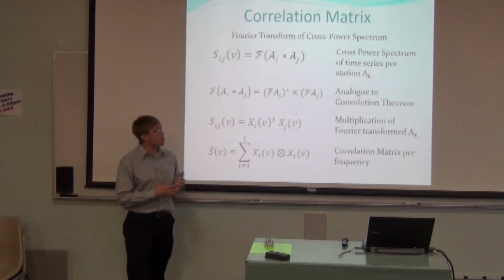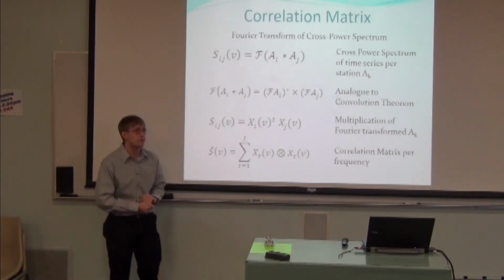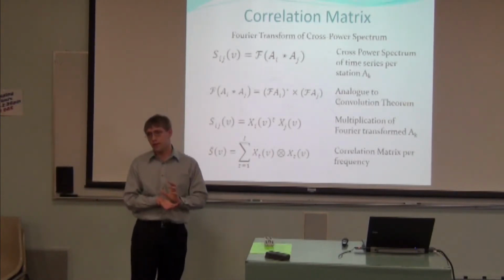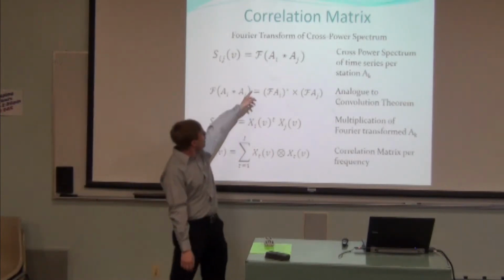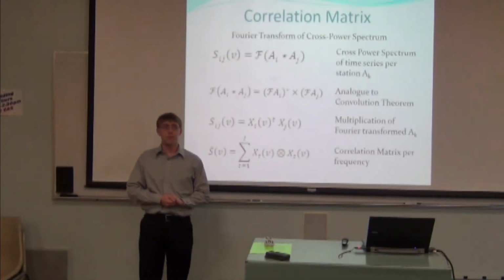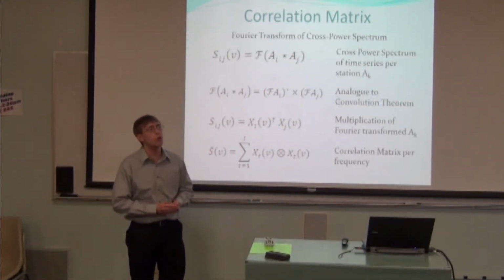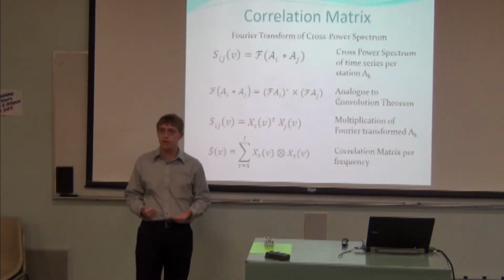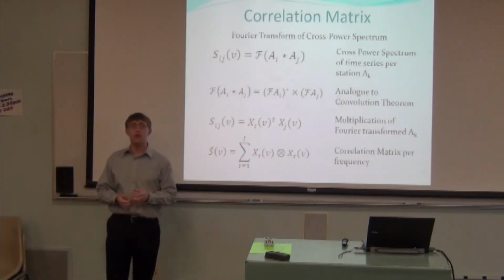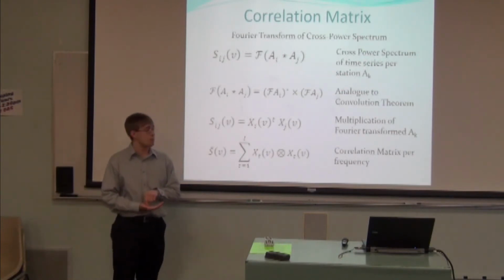So we ultimately want to take the Fourier transform of time series data per station cross-correlated together. But this would require us having all of the time series before we do the Fourier transform. The cross-correlator will work in real time, so we can't do this. But we can take advantage of some mathematical tricks to do the Fourier transform first.